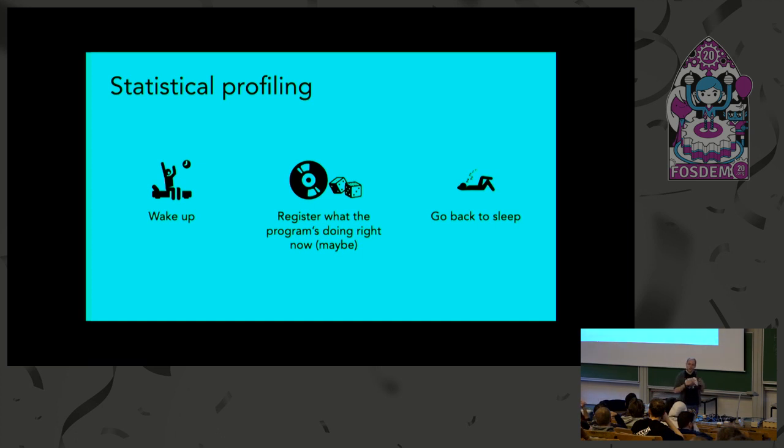So it's not the absolute truth, contrary to something like cProfile, which really meters every call. You're just going to have, statistically, over a few hours or a few days of your program running, a number of samples that's going to show you how many times you see each stack trace. And you're going to have the kind of output that I showed you earlier, which is roughly statistically accurate.